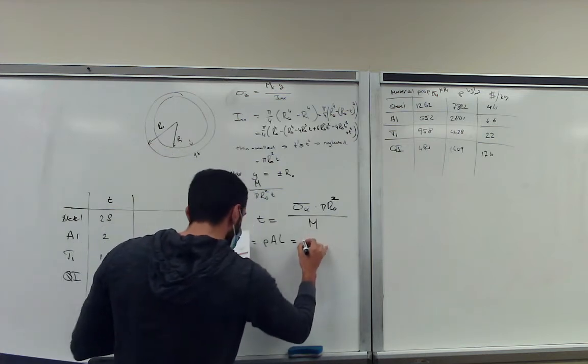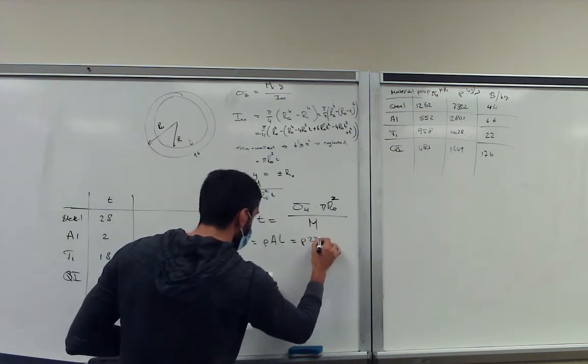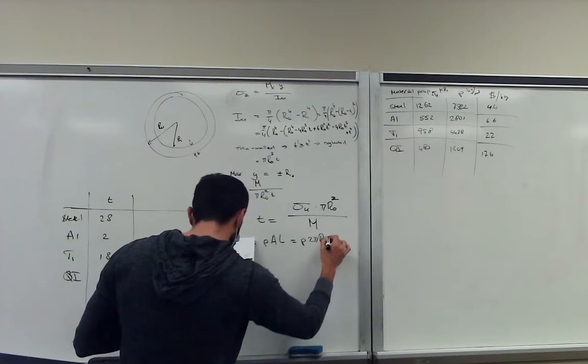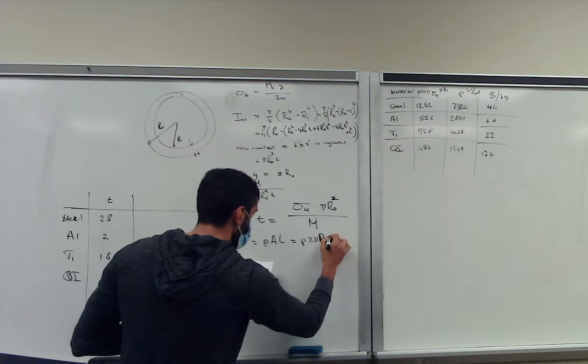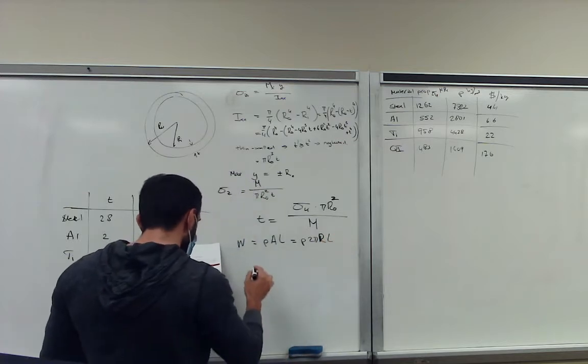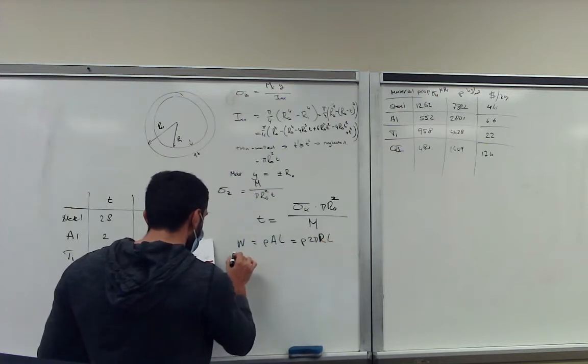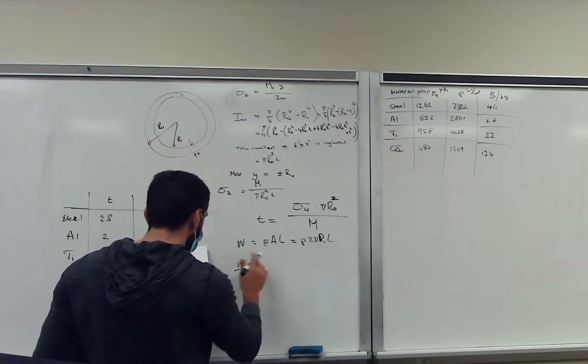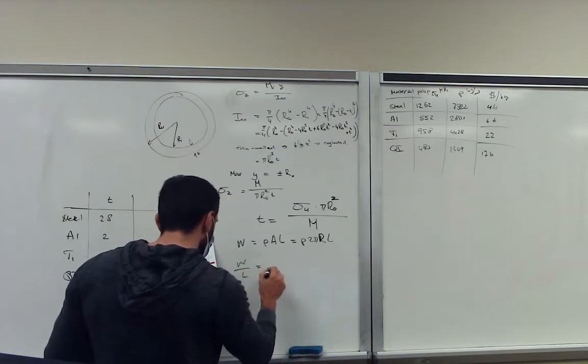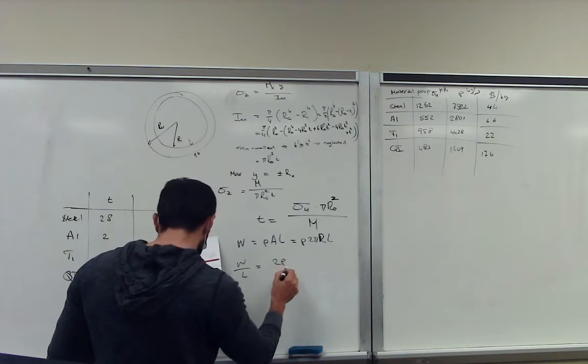So 2 pi r. So we get rho 2 pi r multiplied by L.